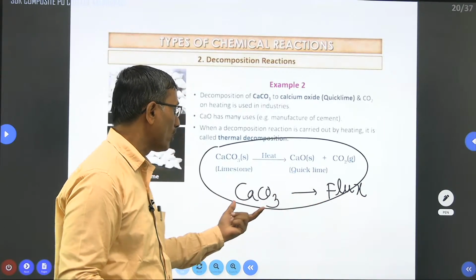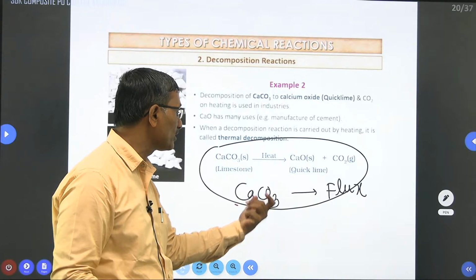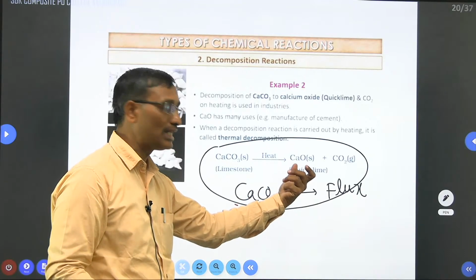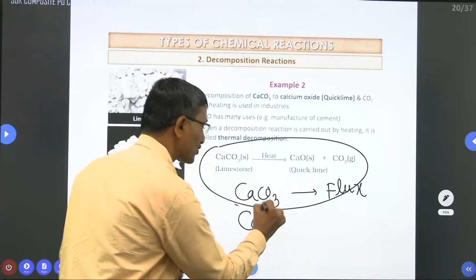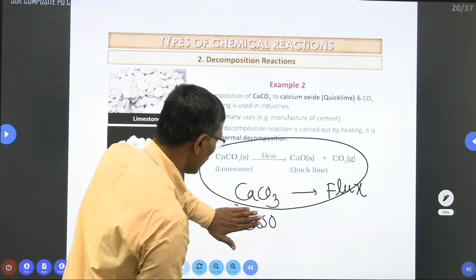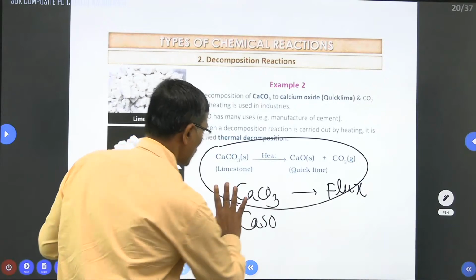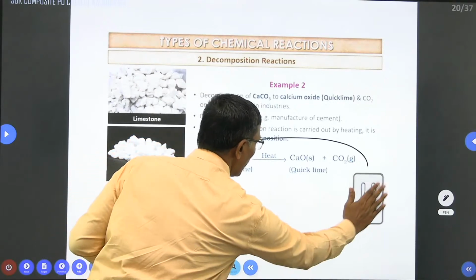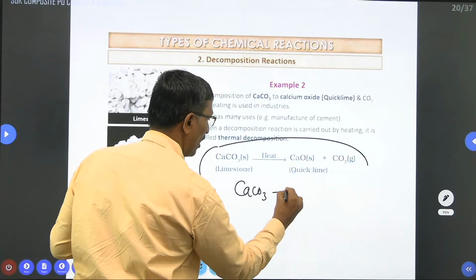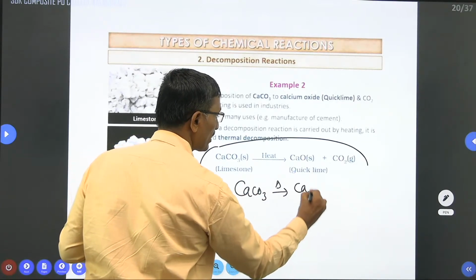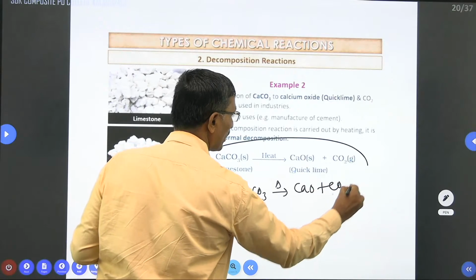Is it correct? No. Why? Because on decomposition, this limestone gives rise to lime. Suppose in the extraction of iron, let us take here, calcium carbonate on decomposition gives rise to calcium oxide and carbon dioxide, already it is there.